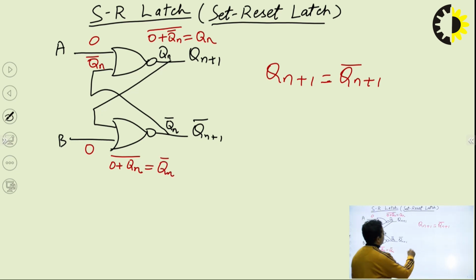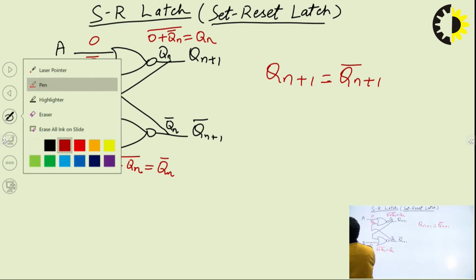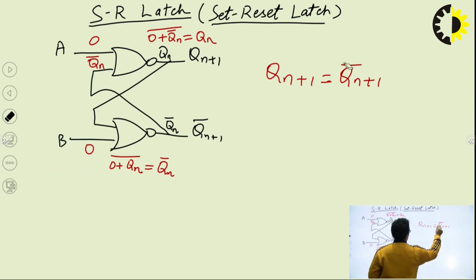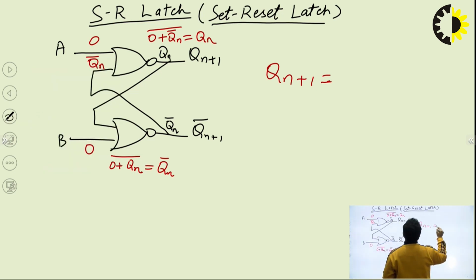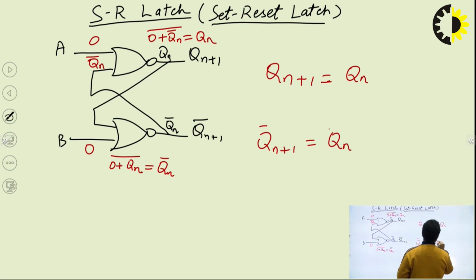Means that at present I am getting Qn plus 1 equal to Qn, as well as Qn plus 1 complement equal to Qn complement.